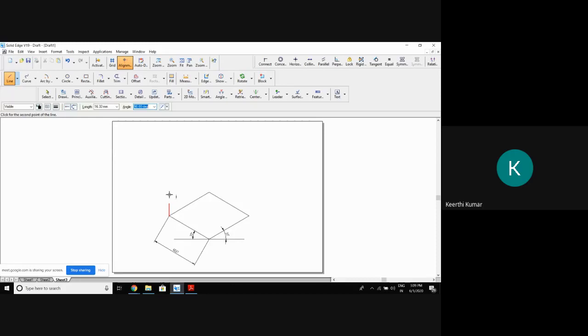Don't forget that 0.8164. 20 into 0.8164. Similarly, you try to draw this line from all the four corners. Here, here, here. You obtain all the four corners.